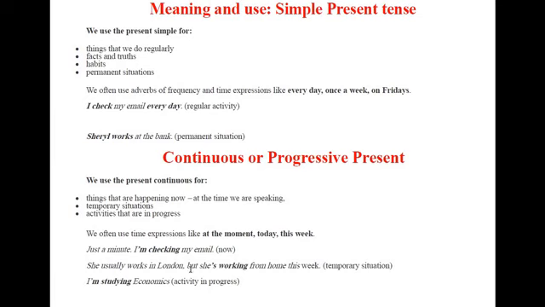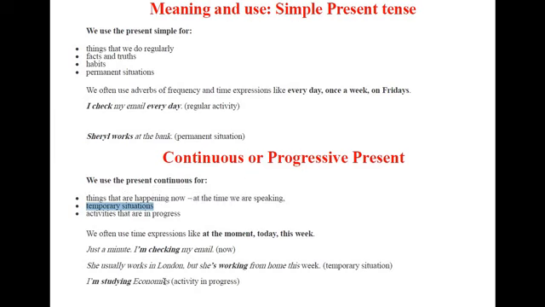But when we go to she's working from home this week, this week means that this is a temporary situation, which leads us to the next use of the present continuous.